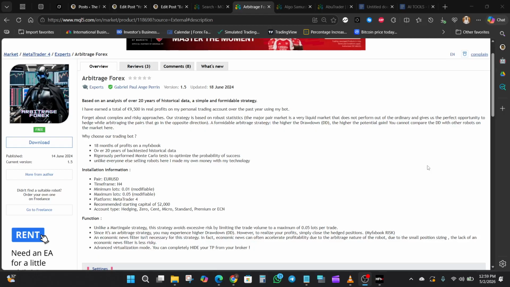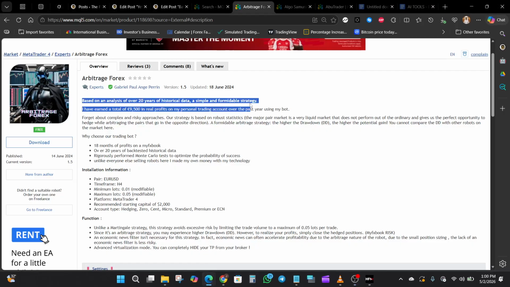Now, very important, this EA is designed for MT4. So if you want to make use of the EA, ensure that you have the MT4 platform. Now, the EA is currently free to download, developed by Gabriel Paul Angel Perrin, and it's based on what's described as an arbitrage strategy built from over 20 years of historical data according to what we have here.